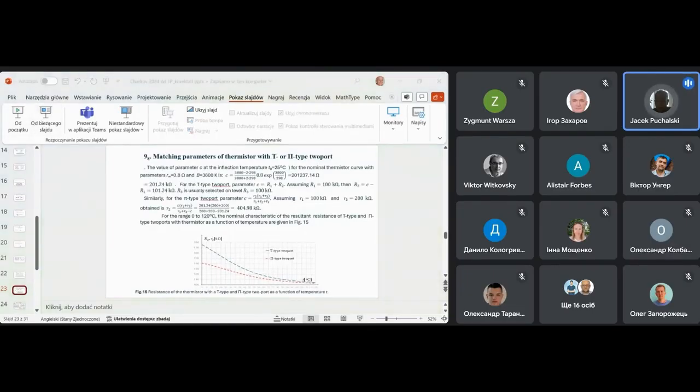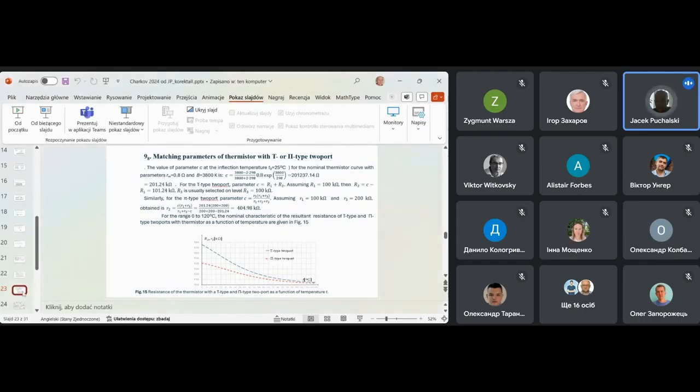It's very close, but on the next slide we show first the nominal value of the two characteristics for different values of T-type and P-type two ports for nominal value, but the uncertainty of this line is necessary to find.